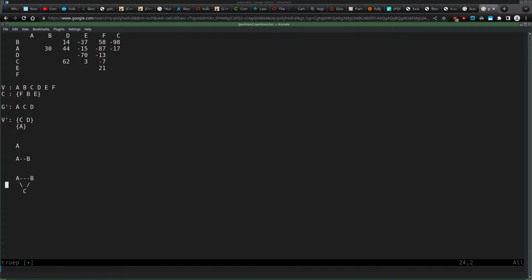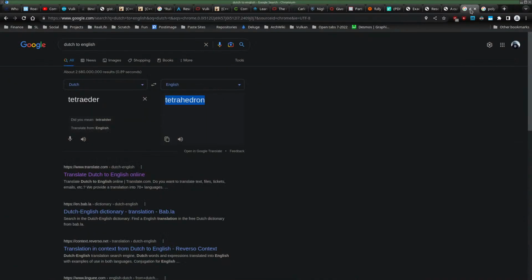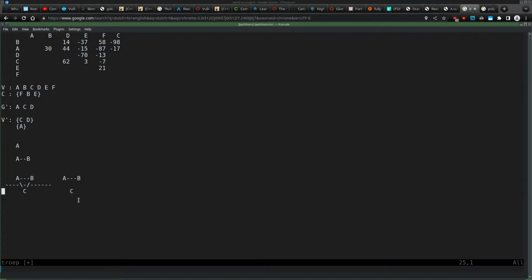So if you would cut this thing over this line here, then you would get, surprisingly, or not surprisingly, lower dimensional tetrahedrons. What was it? Tetrahedron. So if you cut it like this, you get a 1-dimensional tetrahedron and a 2-dimensional tetrahedron.